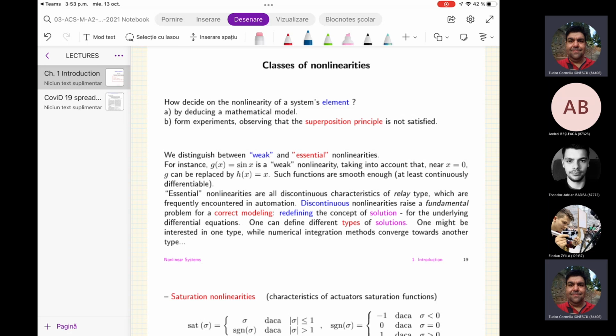For instance, it says here, g(x) is sine x. This is a weak nonlinearity, because we know how to deal with it, and if you do linearization, you can easily approximate sine x with x for very, very small variations. Whereas with the essential nonlinearities, you cannot do that. So near x0, of course, g(x) can be replaced by h(x) equal to x.